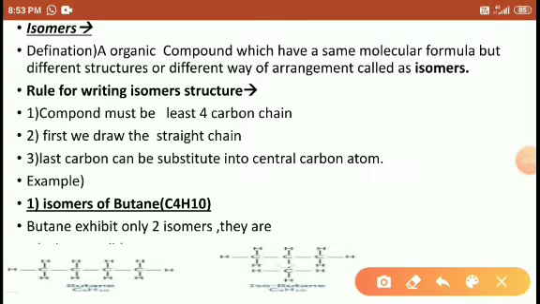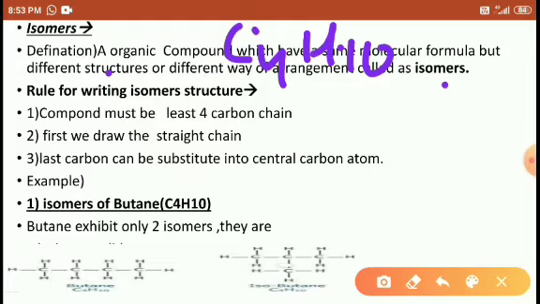Isomers: organic compounds having the same molecular formula but a different structure or different way of arrangement are called isomers. The molecular formula I am using here is C4H10. Using this molecular formula, I write this structure, C4H10, in two different forms.